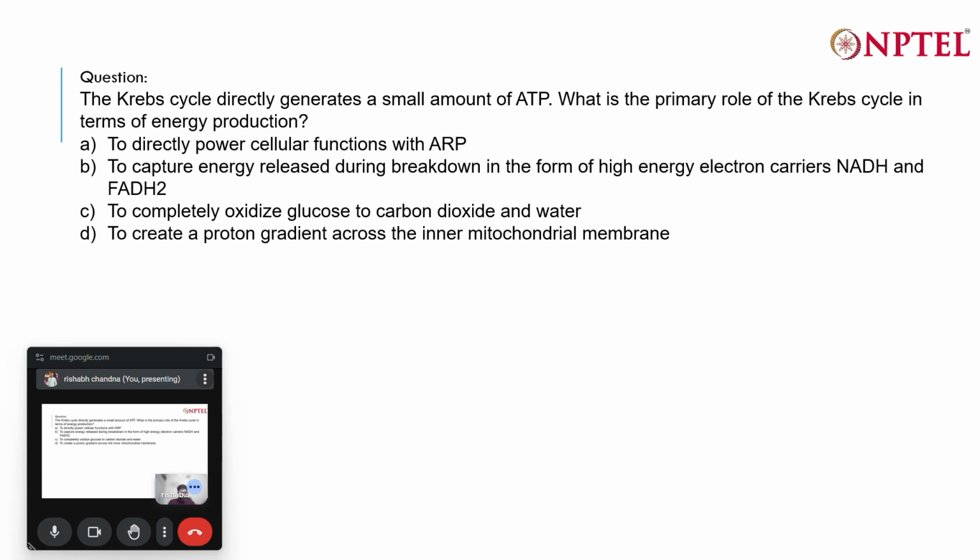The first option is wrong because the cycle produces only a small amount of ATP, which means it will not be able to power the cellular functions with ATP. So this would not be the primary role of the Krebs cycle.